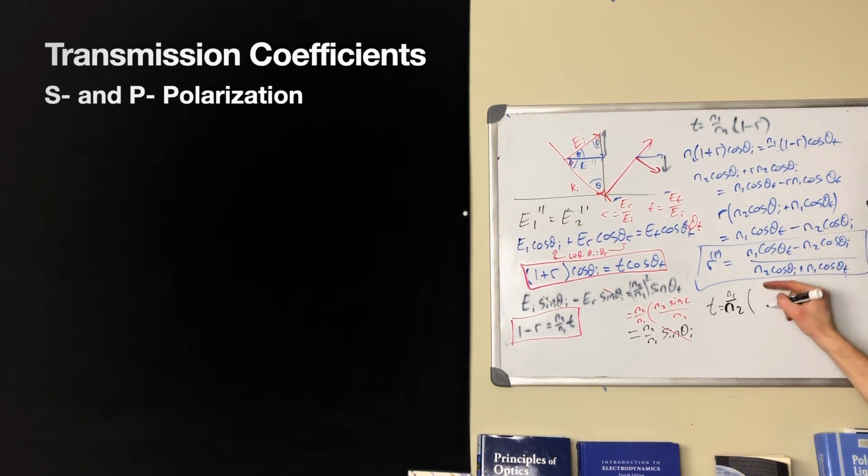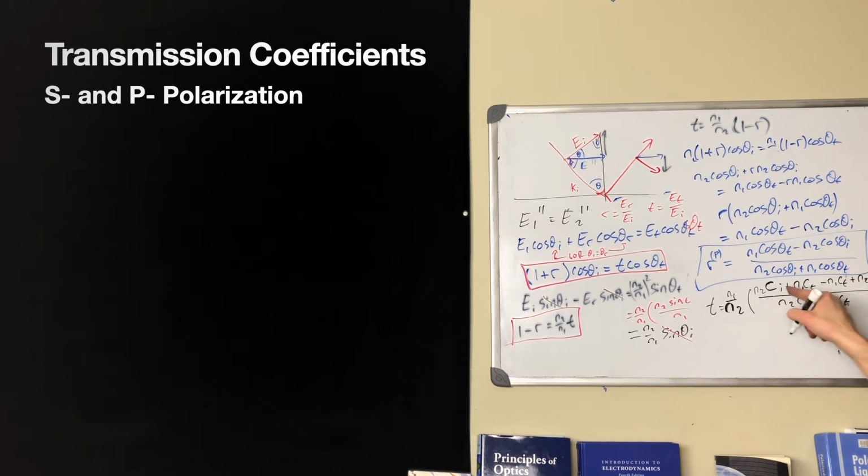So that's going to be 1 minus the reflected expression, which gives N2 cos incident plus N1 cos transmitted minus N1 cos transmitted plus N2 cos incident, divided by N2 cos incident plus N1 cos transmitted.